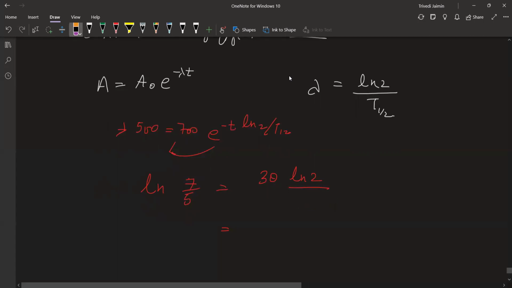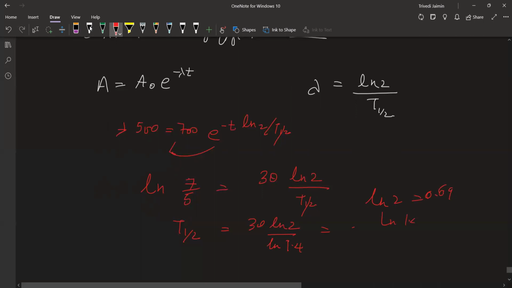Ln of 2 is 0.693. This we need to remember.